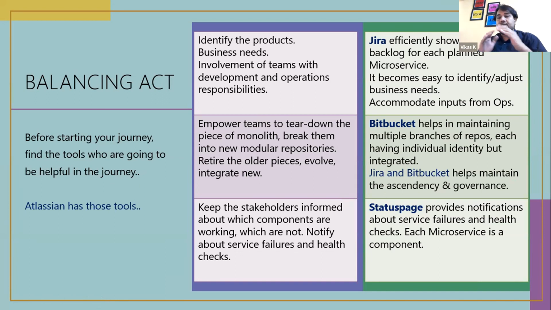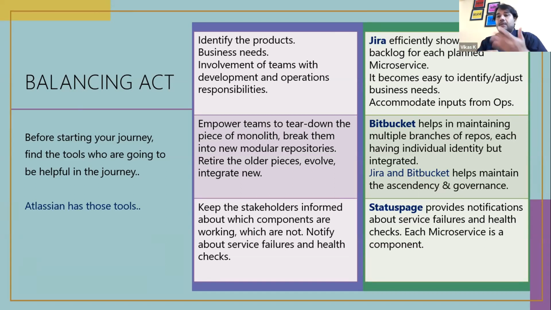So what we are doing is breaking it down to multiple levels. We are identifying the product, and for each product, the specific business need, and how we are converting them into our epics and sprints, right? It becomes very easy to identify the business needs if you're working with a system like that, where you can modularize all the operations step by step.